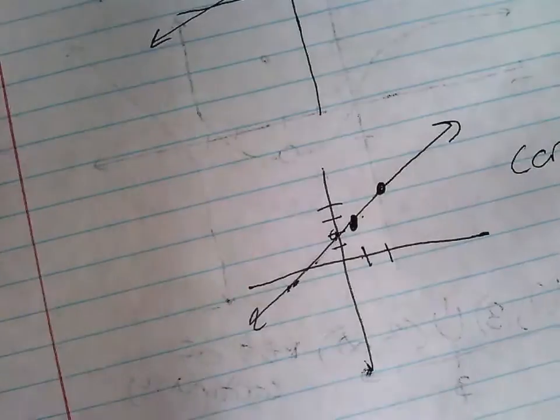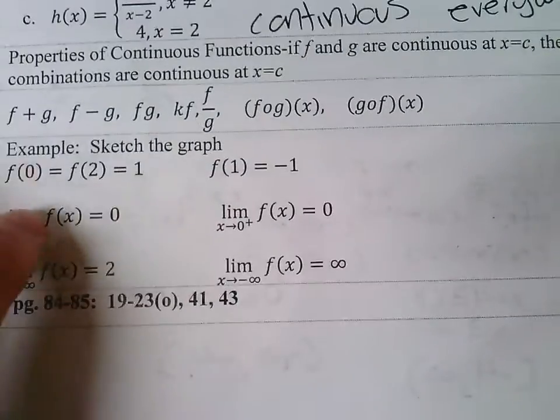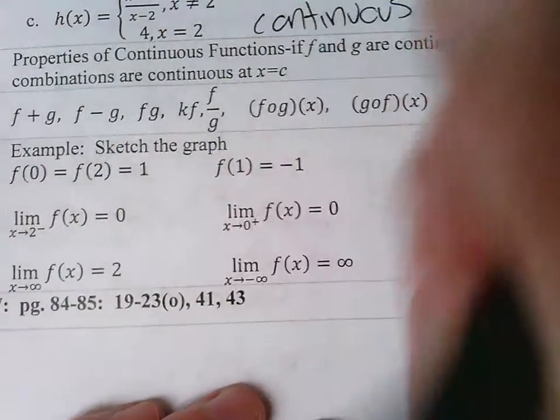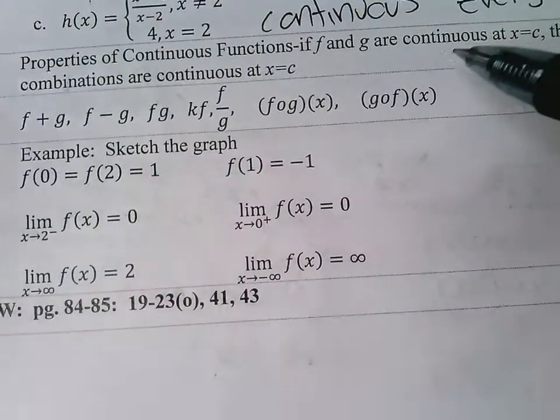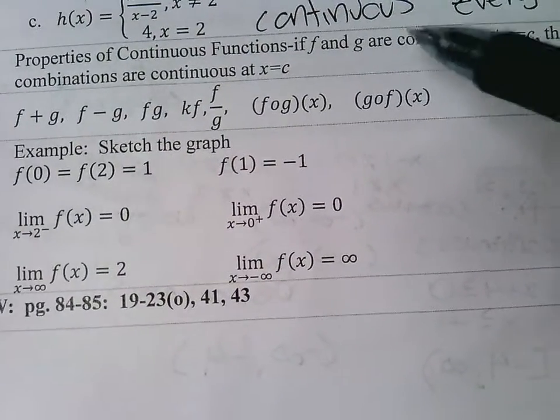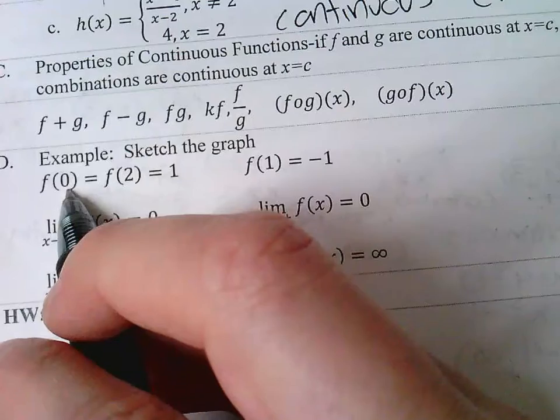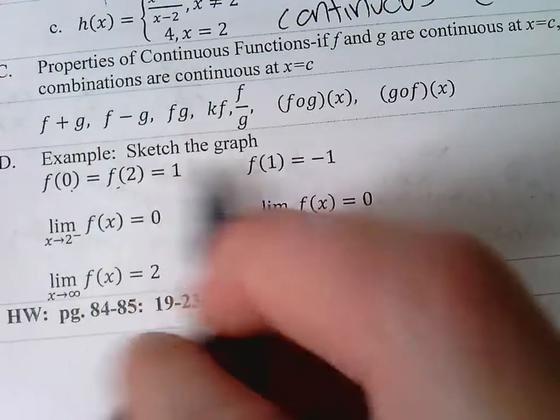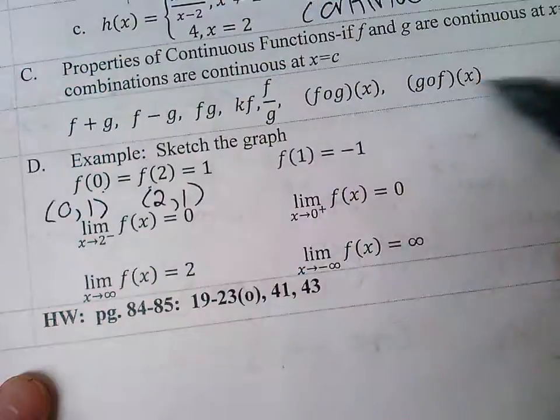Okay, so now we're going to sketch another graph using this information. So we have f of 0 equals f of 2 equals 1. So this is just saying we have defined points at 0, 1 and at 2, 1.